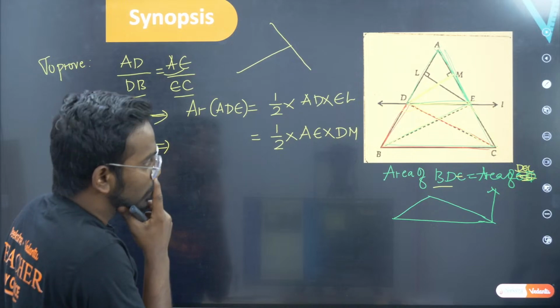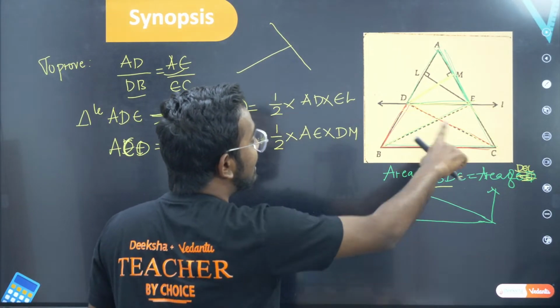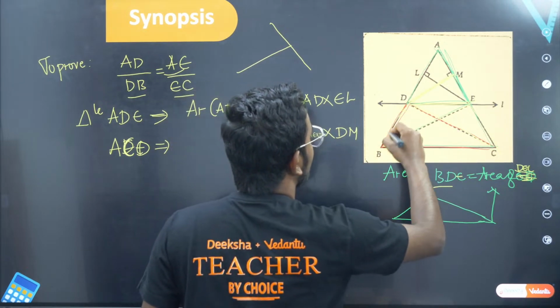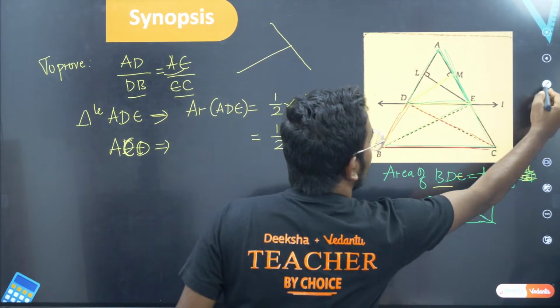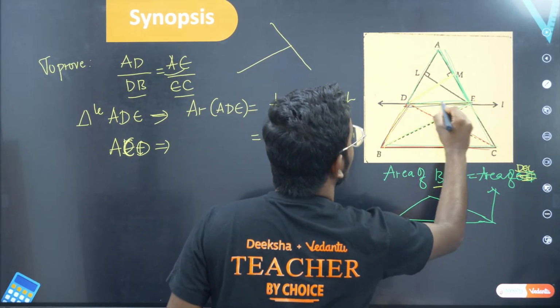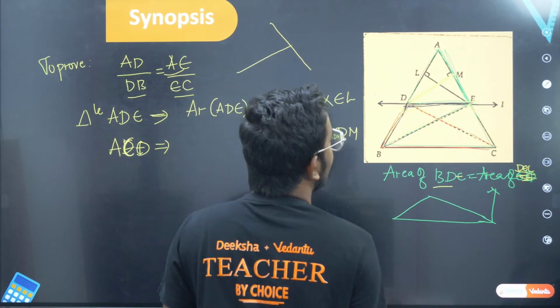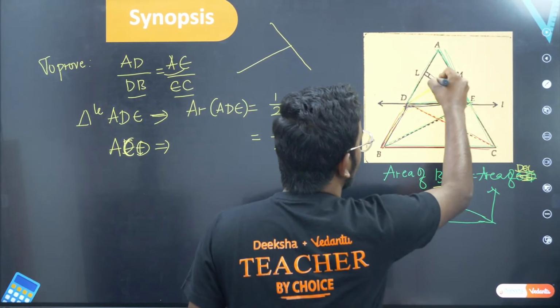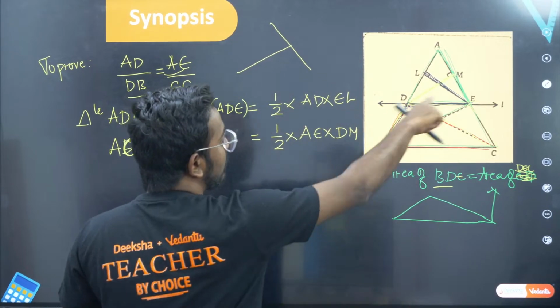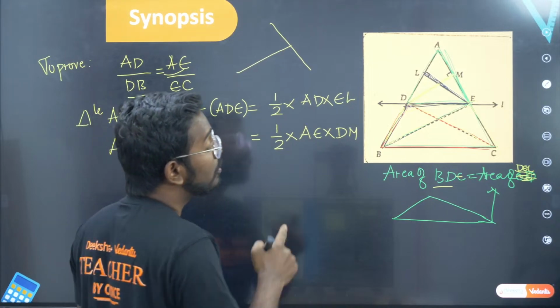Right. So now what will you do, sir? As I've mentioned, if it is an obtuse angle triangle, see, for this particular triangle, I'll take a different color now. So for this particular triangle with the black one, observe only the black one as of now. For this particular triangle, the height is basically EL. EL is the height, because this is an obtuse angle triangle and its perpendicular always comes outside the triangle.